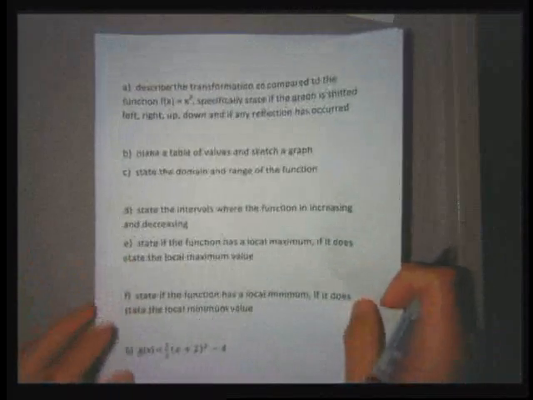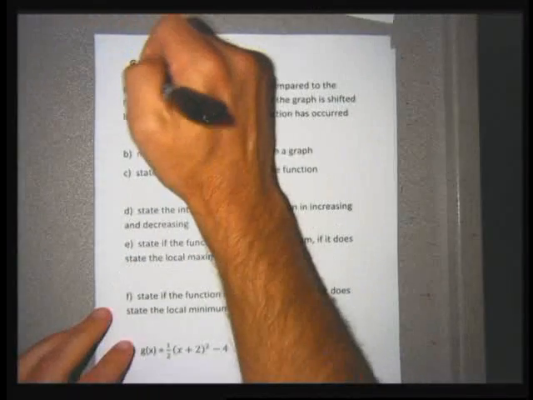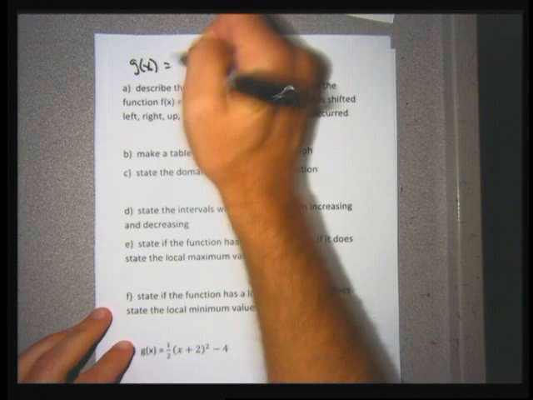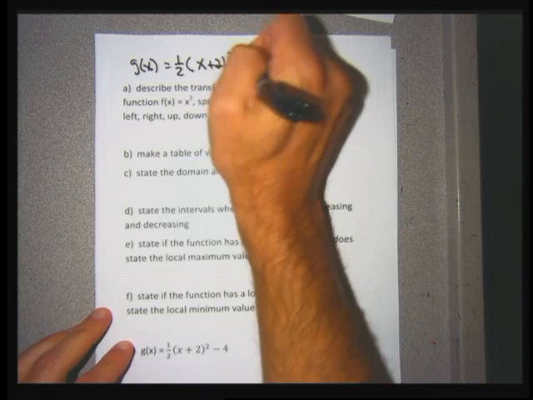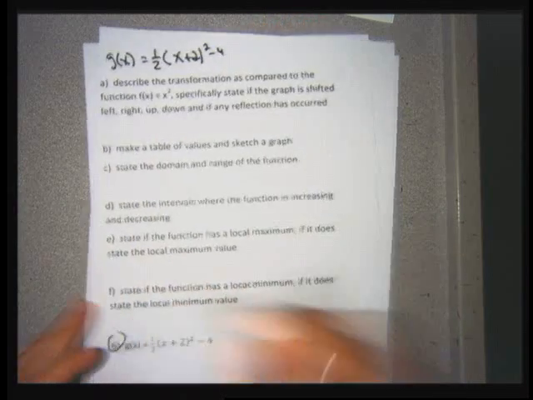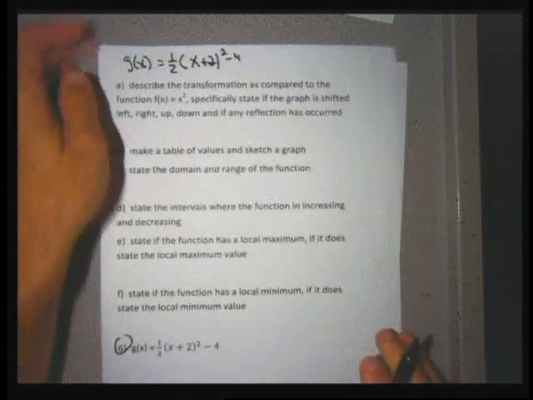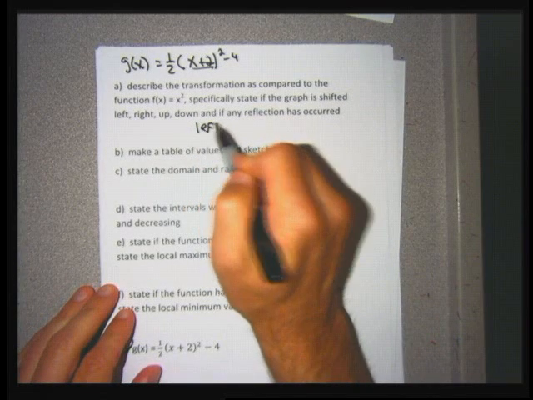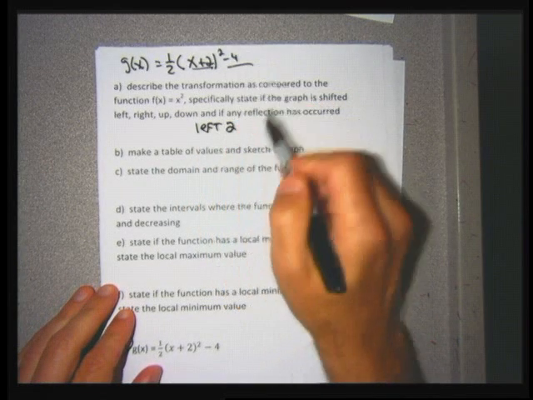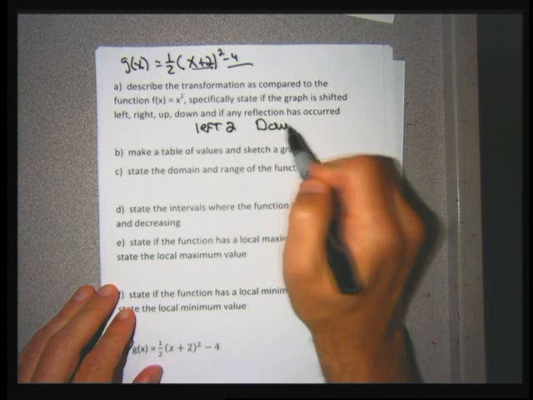Next function, number 6, gives me g of x equals 1/2 times (x plus 2) squared minus 4. Again, this is number 6. The transformation that occurs, the plus 2 in the parentheses, shifts it left 2. This minus 4 moves it down 4.